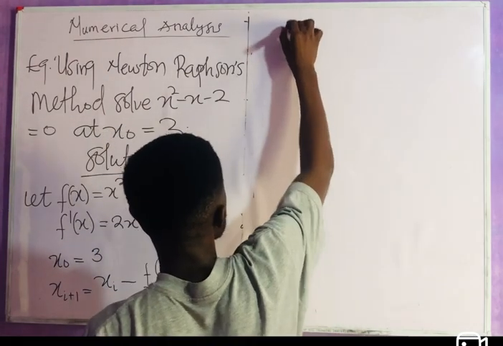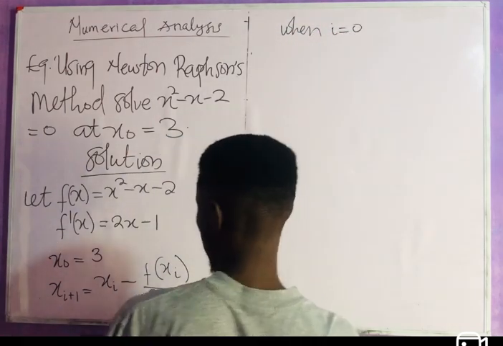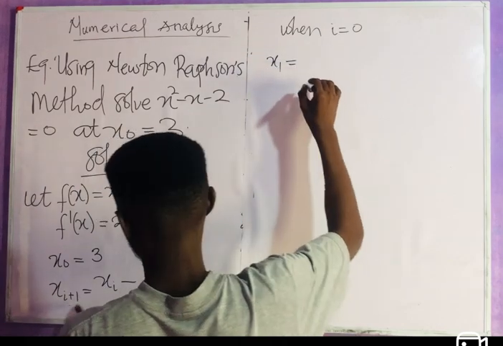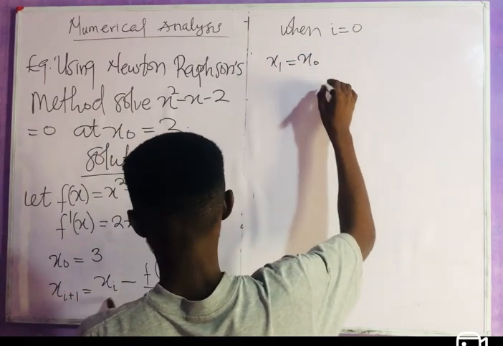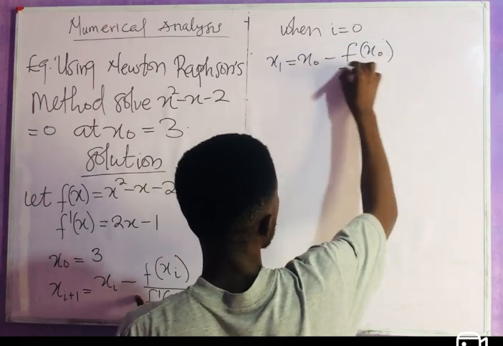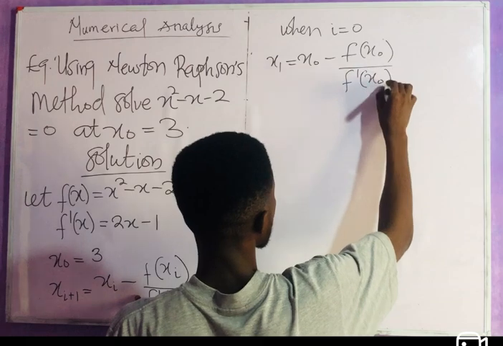So we start with this. When i equals 0, it means that x1 equals x naught minus f of x naught all over f prime of x naught.